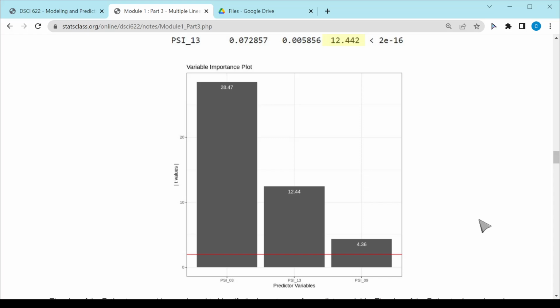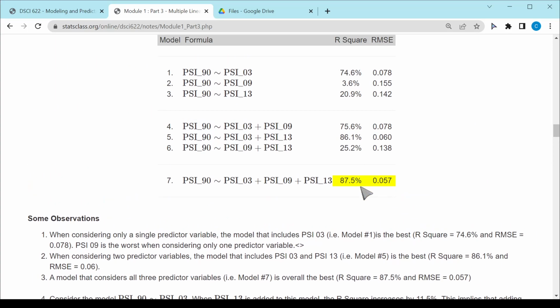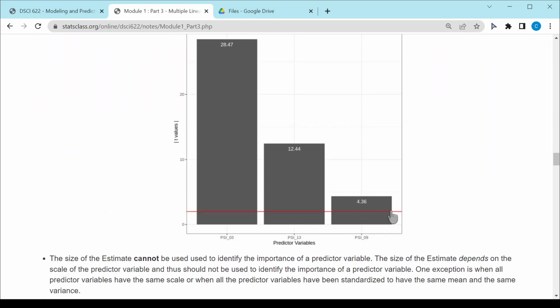So according to the variable importance plot for this analysis here, PSI09 is indeed important in helping me understand the response variable. So even though it increased the R-squared just a little bit, the variable importance plot suggests that that variable should be included.